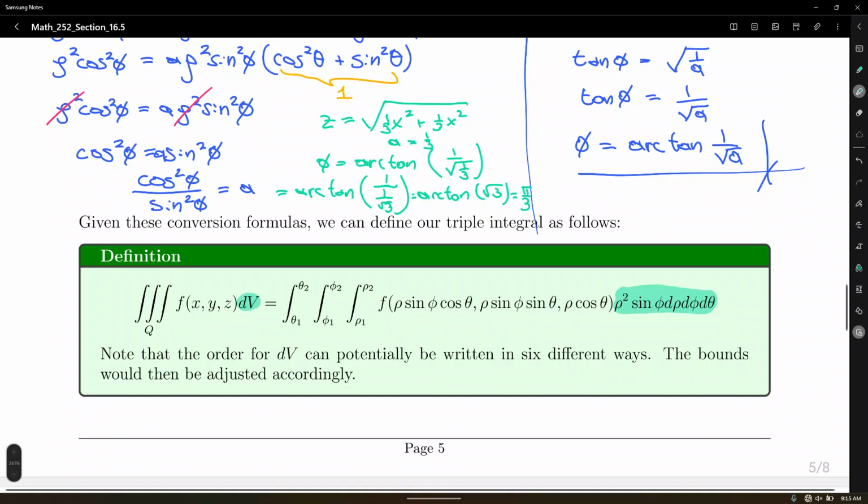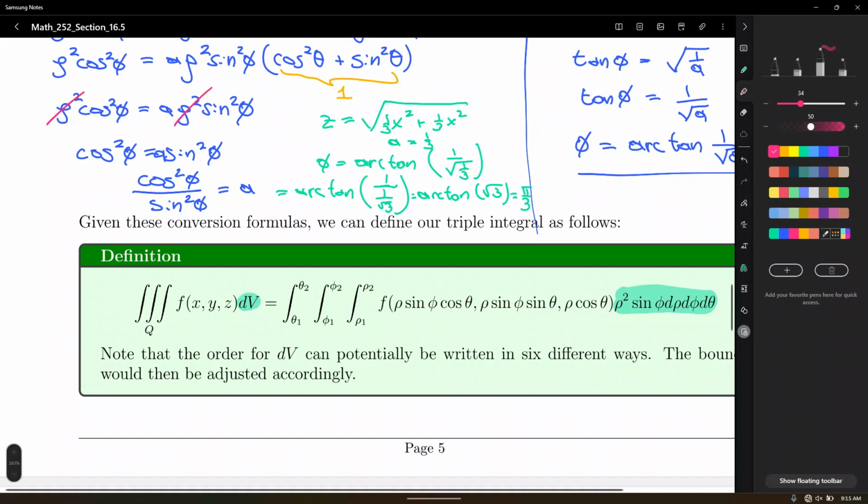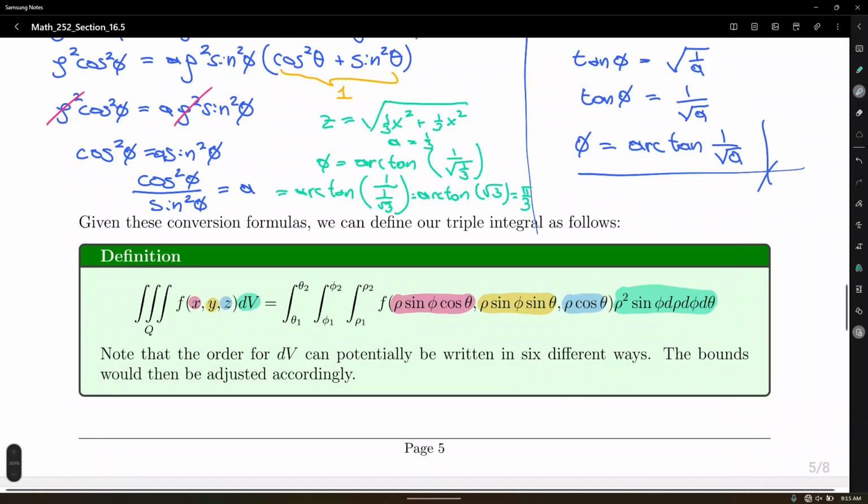So here, x will be replaced with rho sine phi cosine theta, using the relations y equals rho sine phi sine theta, and lastly, z equals rho cosine phi.